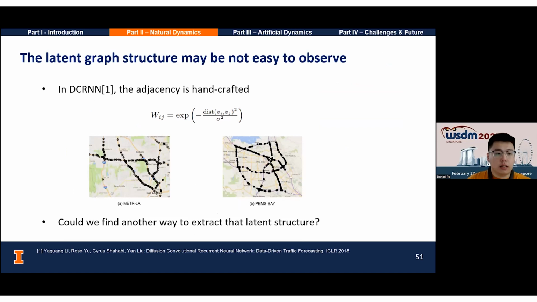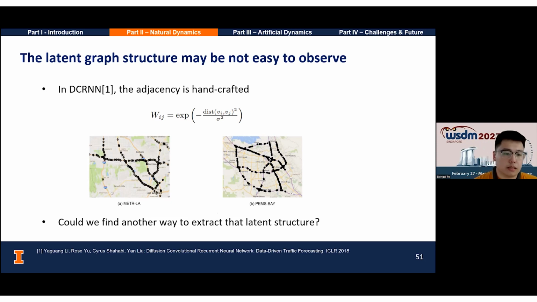In DCRN, the weighted adjacency matrix is shared across time, which means it's static. But also this adjacency is handcrafted, which means that the edges are connected or not based on the distance between two road segments, or as we see them, the nodes in the graph.